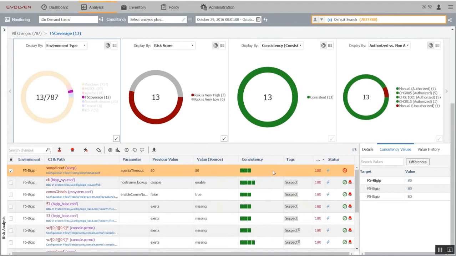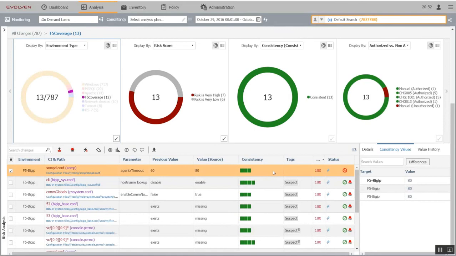And this timeout setting was changed. We can very quickly request, and it looks like it was consistently deployed across all the F5 servers. We can send this off to the networking team and ask them why this was done outside of an RFC change request, and the auditors can assess where the process breakdown happened.